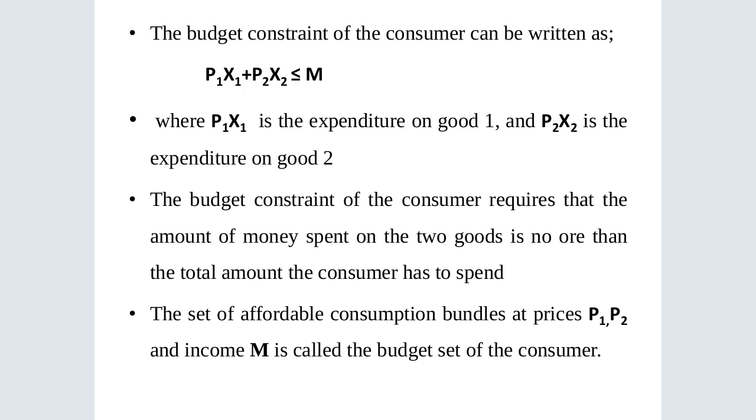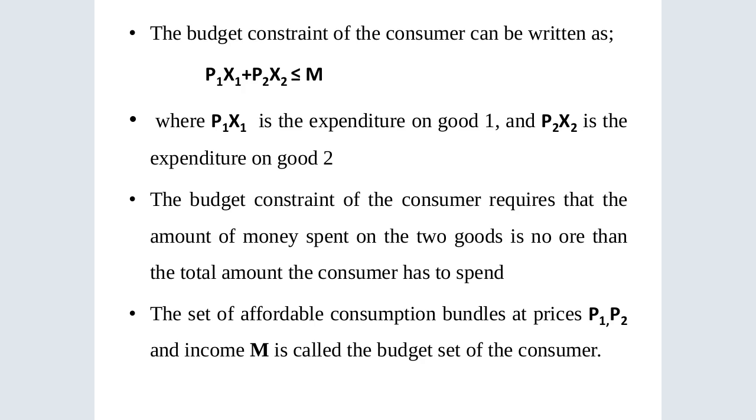So P1 X1 represents the expenditure on good 1, and P2 X2 is the expenditure on the second good. That inequality is what we refer to as the budget constraint.